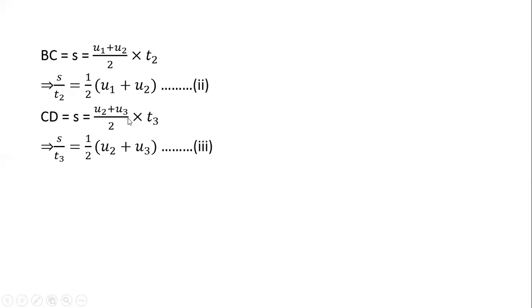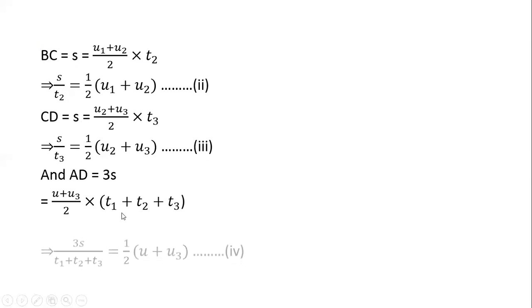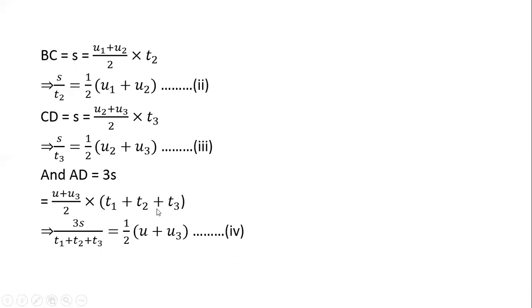If we divide this equation by t3, then we get s by t3 equal to half (u2 plus u3), which is equation number 3. Here, AD equal to thrice s, that means (u plus u3) by 2 into (t1 plus t2 plus t3). From this, we get thrice s by (t1 plus t2 plus t3) equal to half (u plus u3), which is equation number 4.